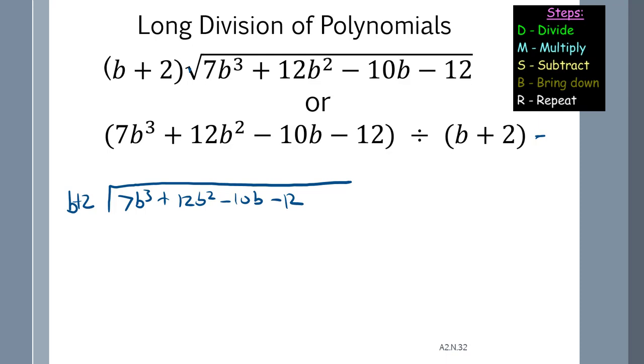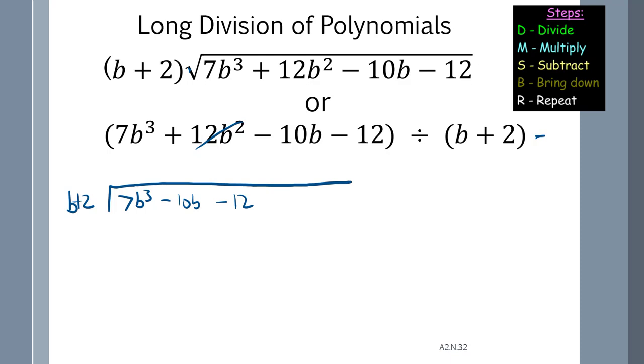Now, one other thing before we move on with this one. Let's say we were missing one of the exponents here that's descending. Let's say this one was gone altogether, and we just had 7b cubed minus 10b minus 12.